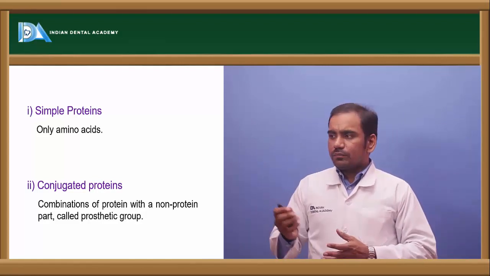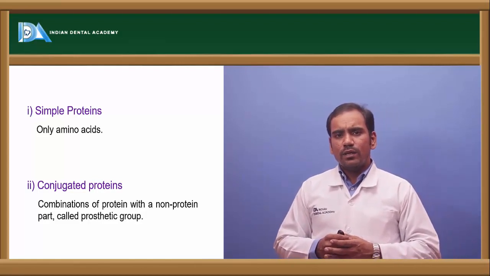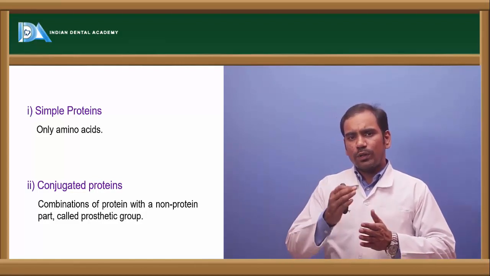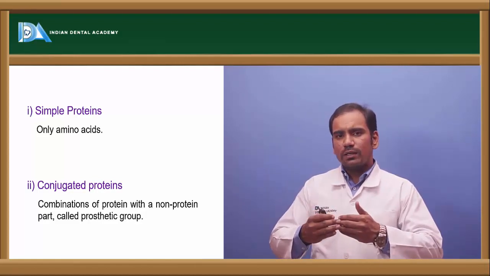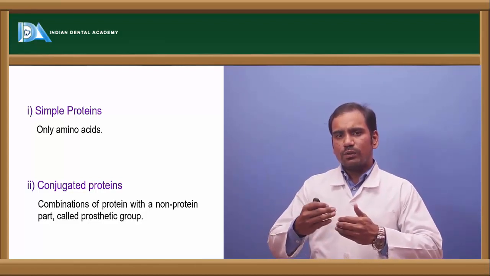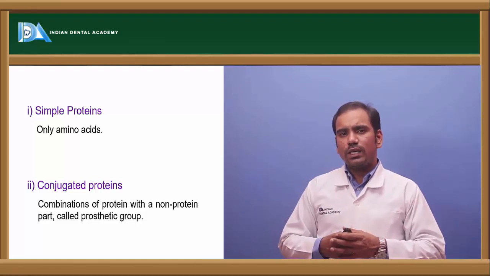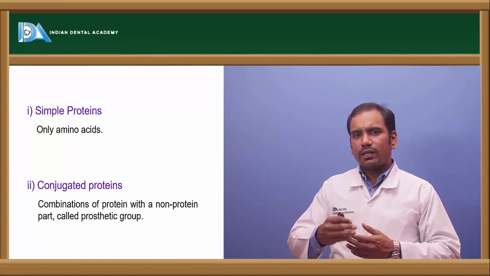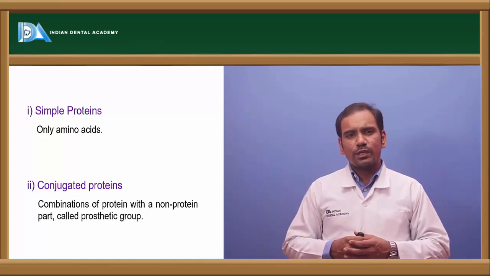Right? Coming to conjugated proteins. What are conjugated proteins? So these conjugated proteins have protein part plus non-protein part. So in addition to protein part, they have some non-protein part. So this type of proteins, we call them as conjugated protein. Right? And the non-protein part of a conjugated protein is called as prosthetic group.